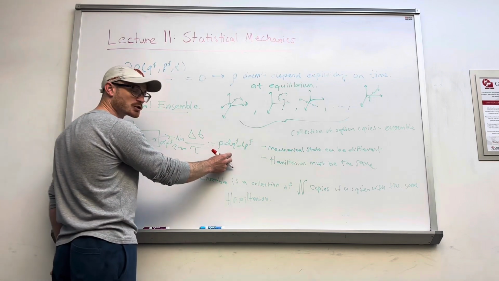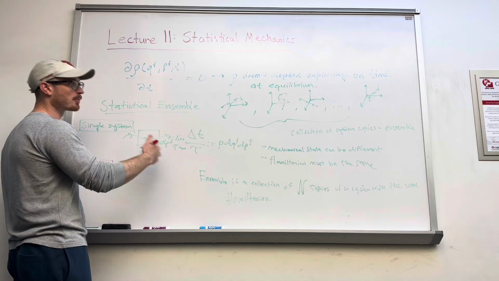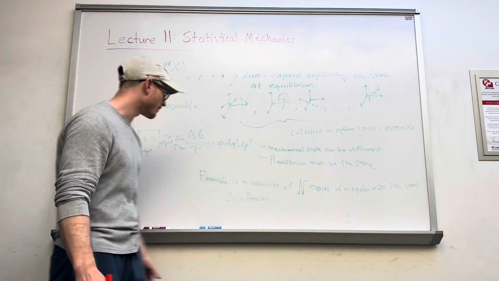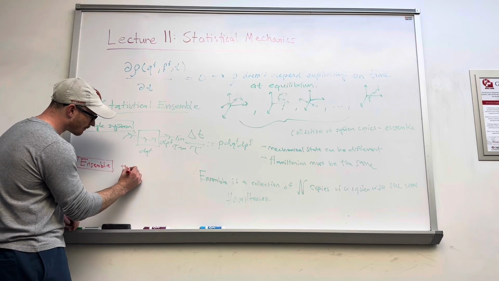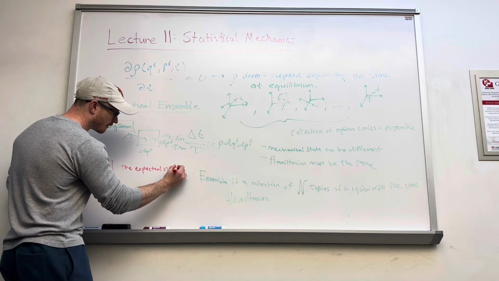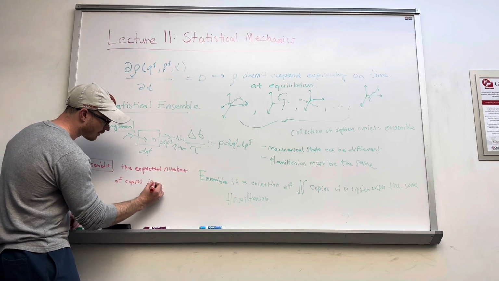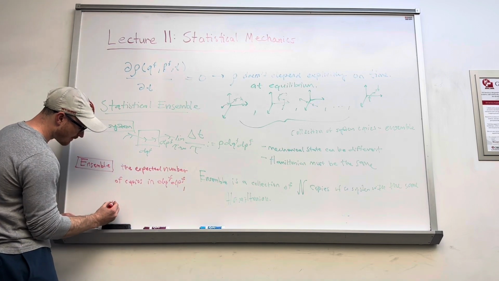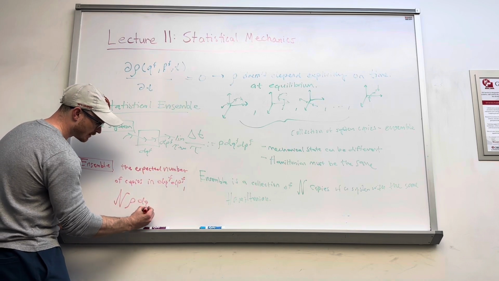Well, because we have this rho, we know the probability that a single system is in there. So to get the number of copies, we just have to multiply by however many copies are in the ensemble. So we can actually calculate the expected number of copies in a volume element dQf dPf by evaluating N, the number of copies, times rho dQf dPf.